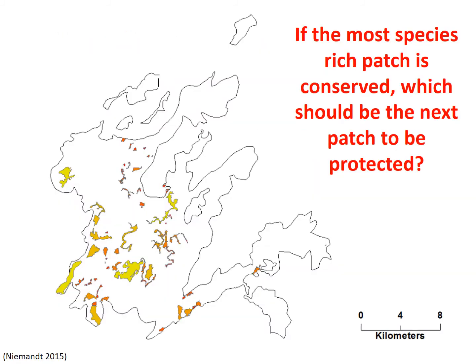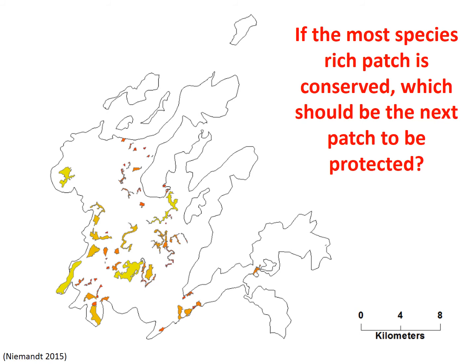Let's move on then to the last idea we want to consider in this practical. We've now used species richness to choose the patch which is the highest conservation priority. But how do we then choose our second highest priority? What criteria do we use for that?